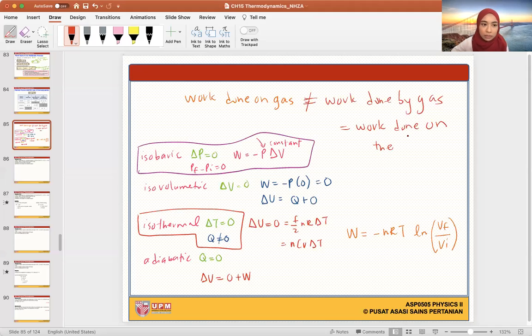Because the work is done by the gas on the environment, right? If work is done by the environment, work is done on the gas. So this is equal to work done by environment. These are just terms, so you just need to remember what 'by' means and what 'on' means.